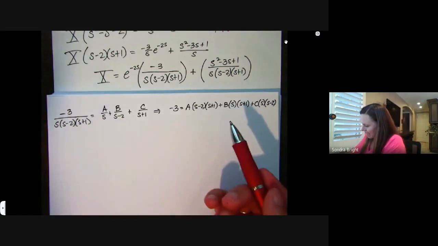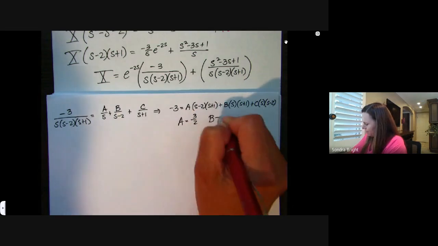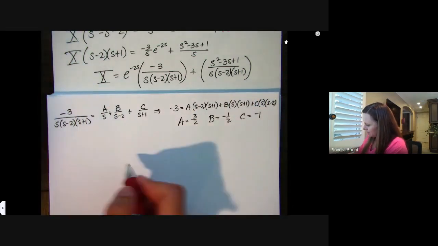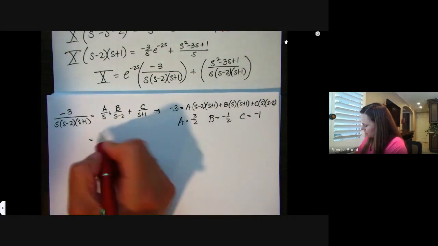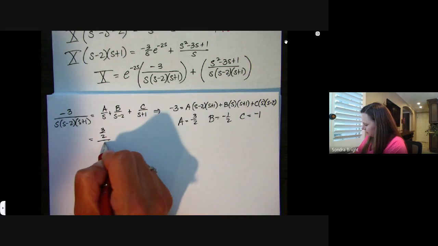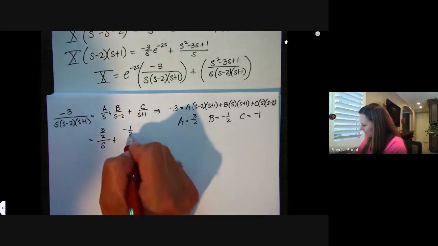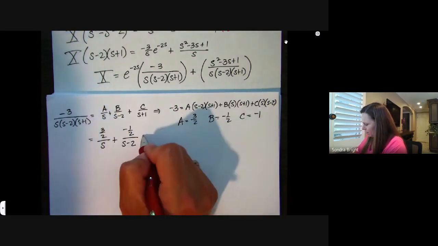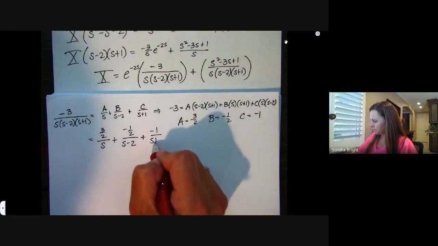You'll end up getting that a is positive 3 halves, b is negative 1 half, and c is negative 1. So this ends up equaling 3 halves over s plus negative 1 half over s minus 2, and then plus negative 1 over s plus 1. So that's how that one breaks up.